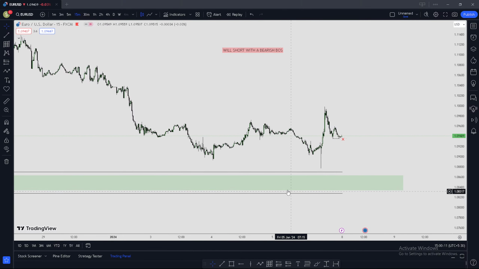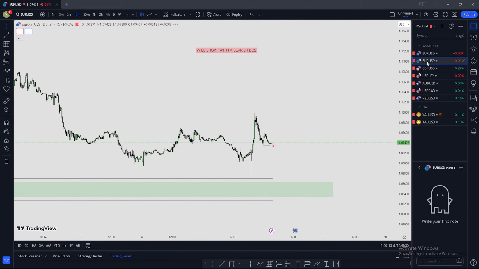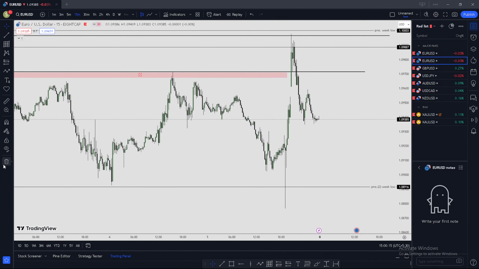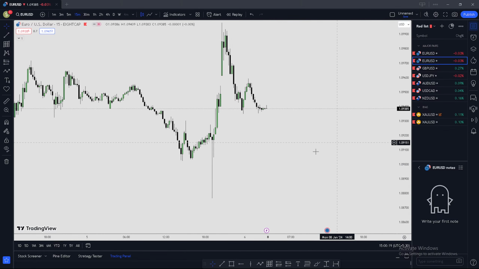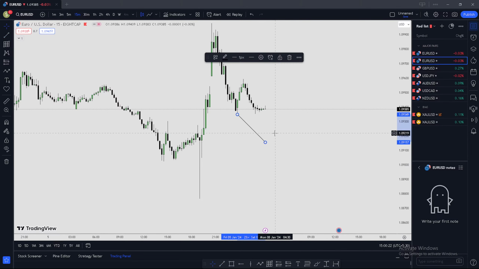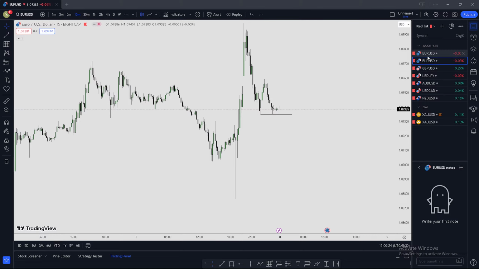Bearish POS. Okay, so I've done this analysis. I'll remove some drawings. What I'll write over here as well is what my aim is.